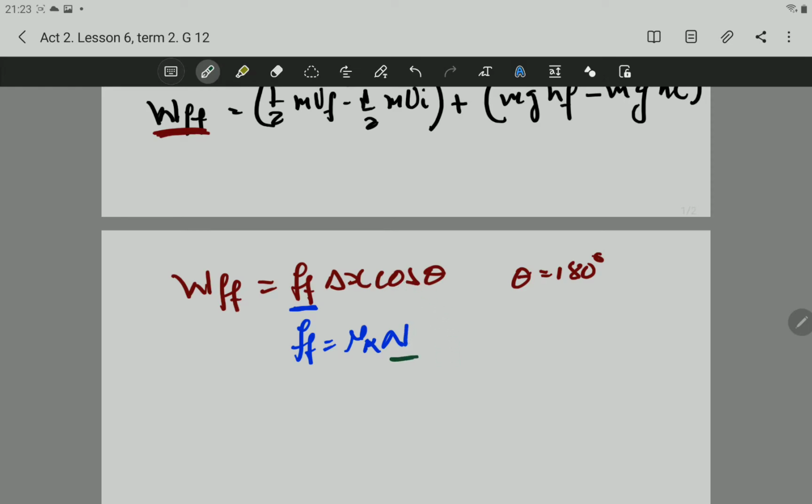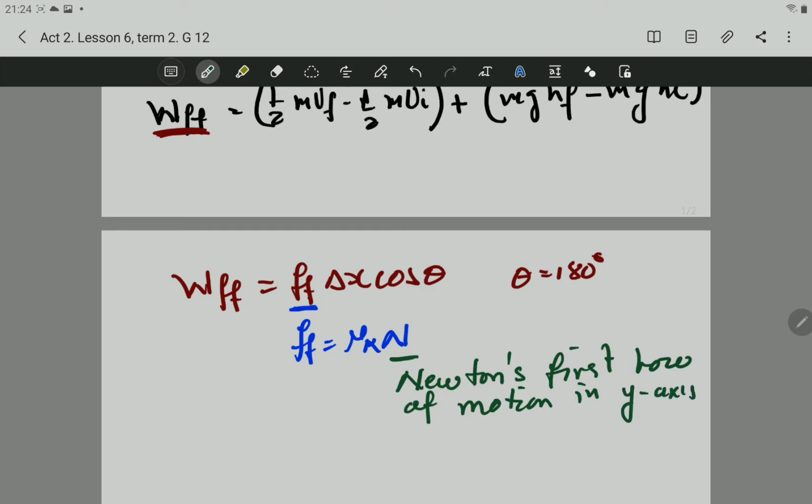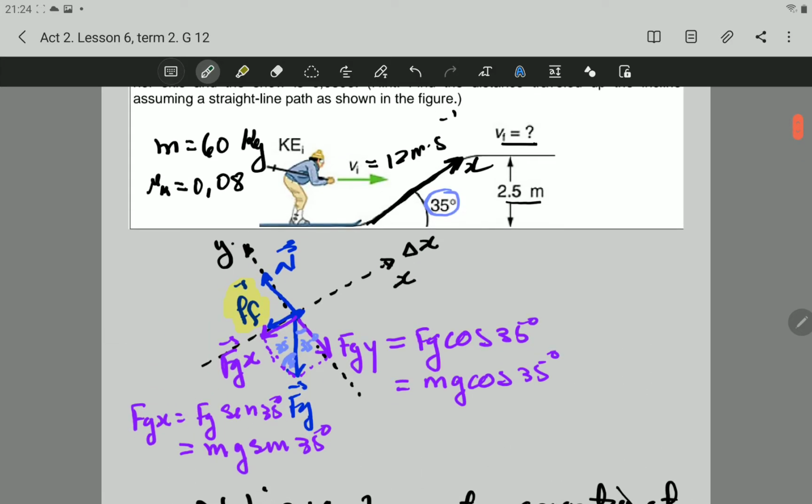To calculate the normal force, we are going to apply Newton's first law of motion in the y-axis. Why in the y-axis? Because the normal force is in the y-axis.